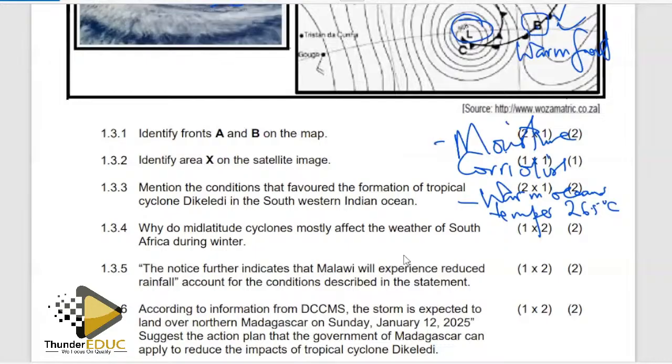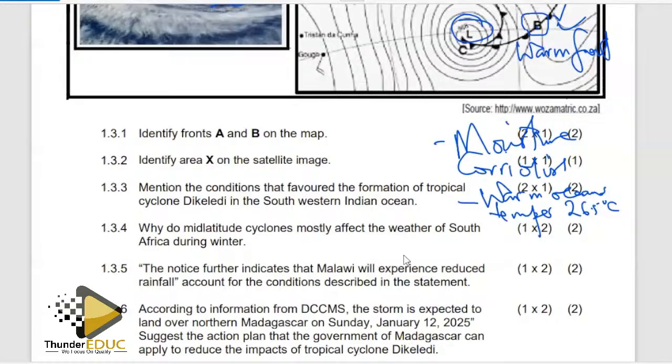Right, we move on to the next question. Why do mid-latitude cyclones mostly affect the weather of South Africa during winter? Right, I'll briefly explain. The question basically needs you to relate the position of the subtropical anticyclones to the occurrence of mid-latitude cyclones over the interior.